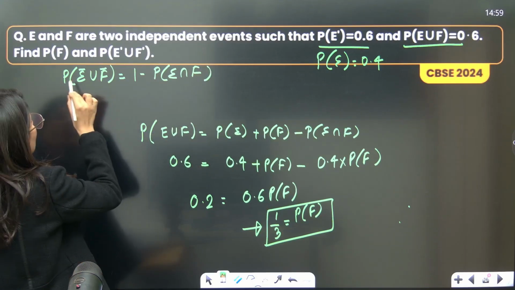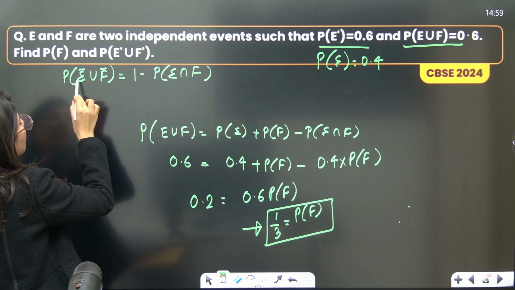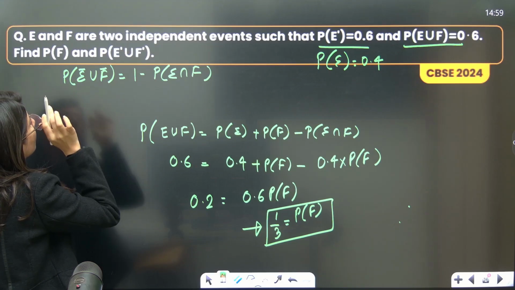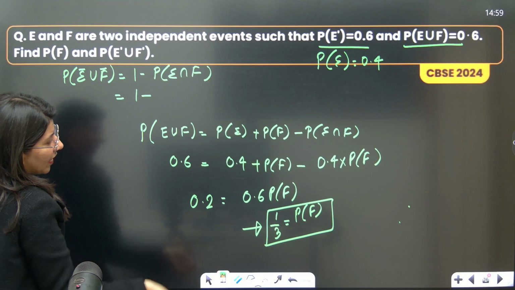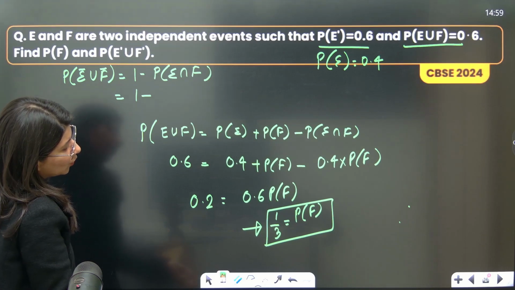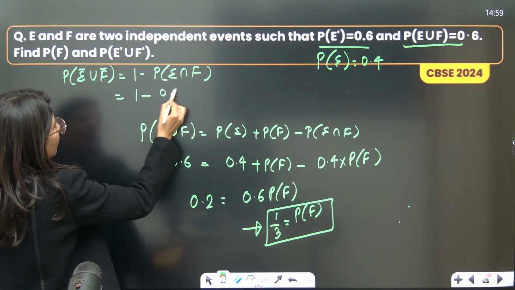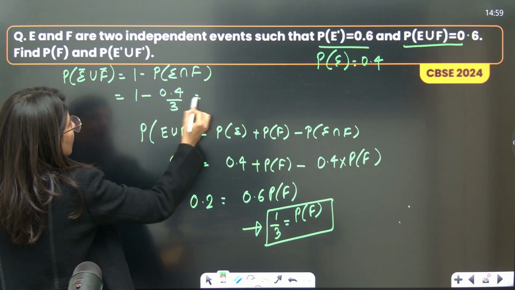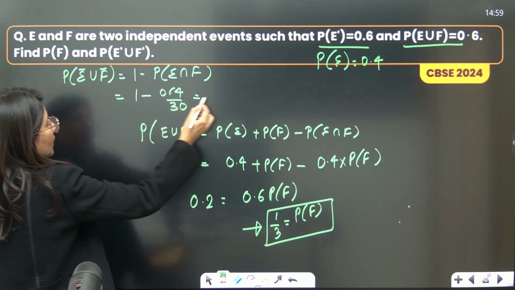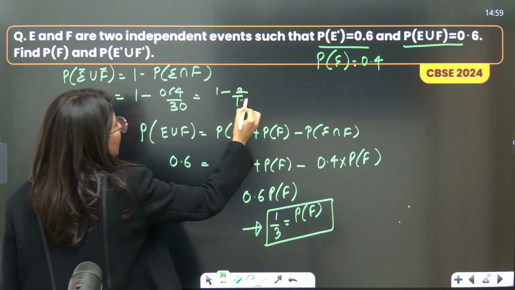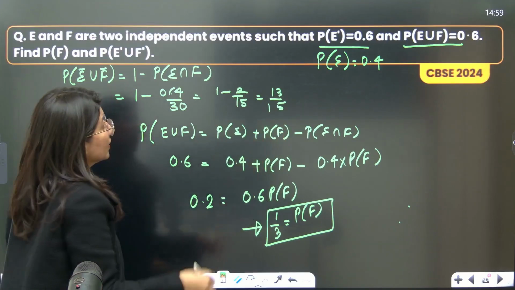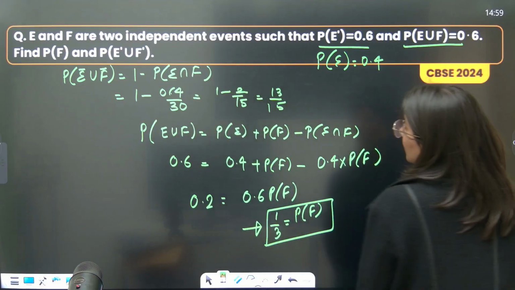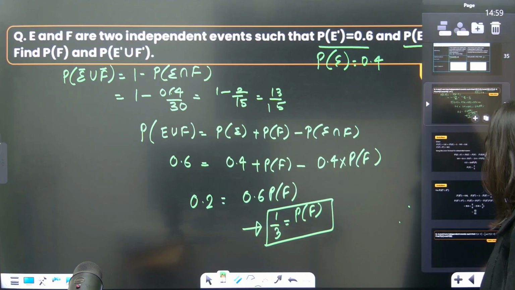Probability of either not E or not F is this. So 1 minus E intersection F, so 0.4 into 1 by 3, so 0.4 by 3. This is going to give you 1 minus 2 by 15, which is 13 by 15. So this is the probability of E complement union F complement.